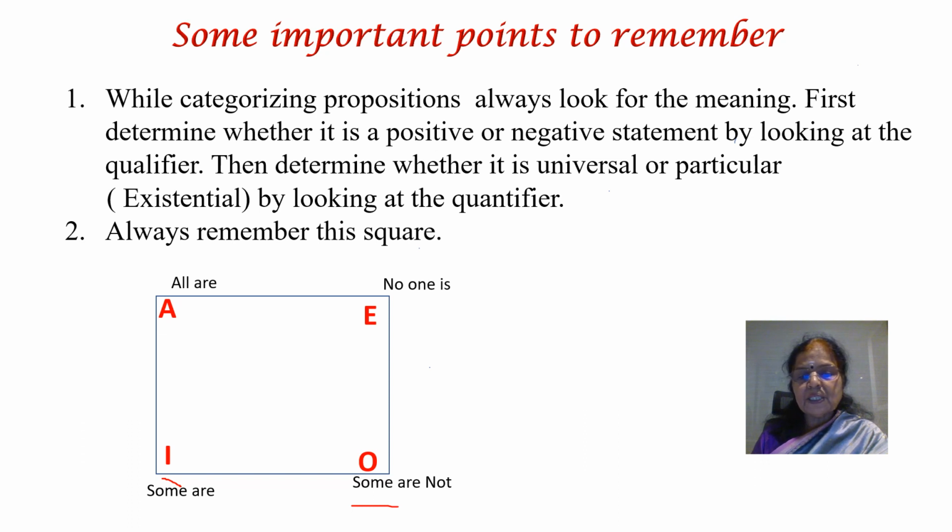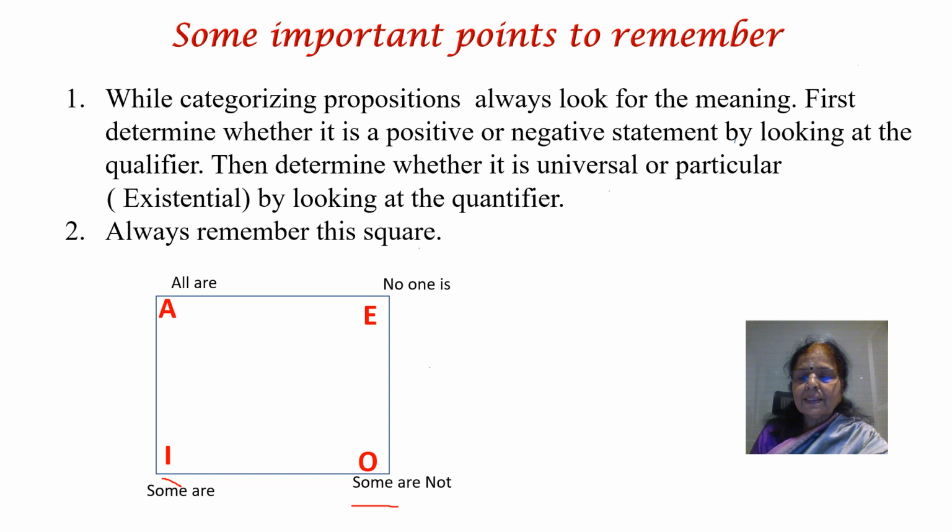And E is universal negative. And I is particular positive, O is particular negative. Some are not. All are, no one is, some are not. Alright, these are the four types of statements.